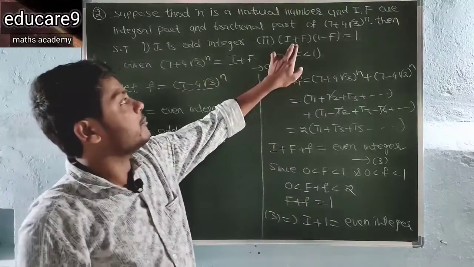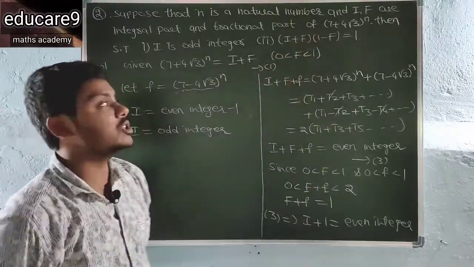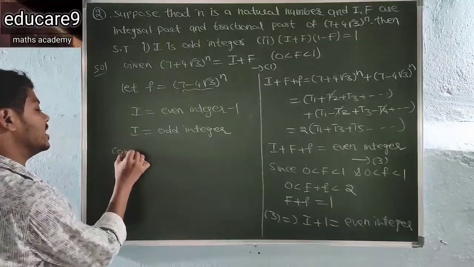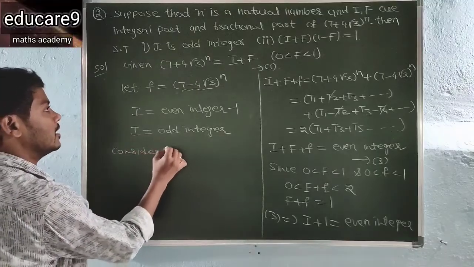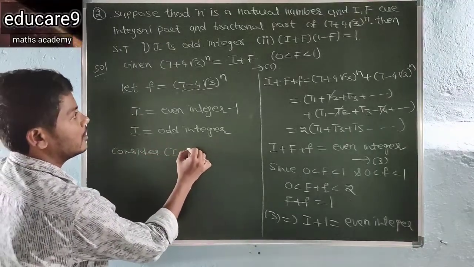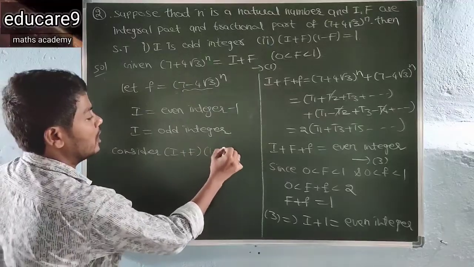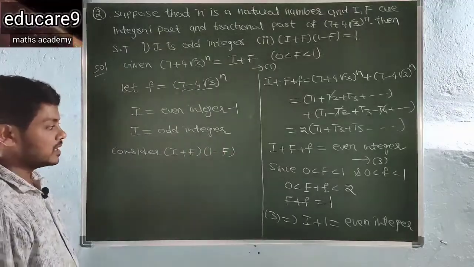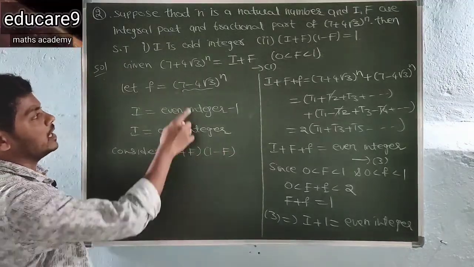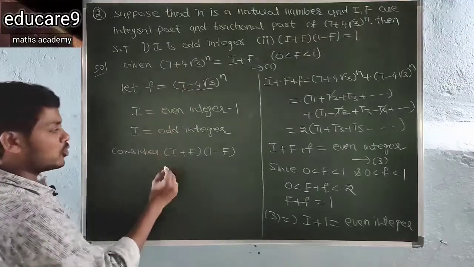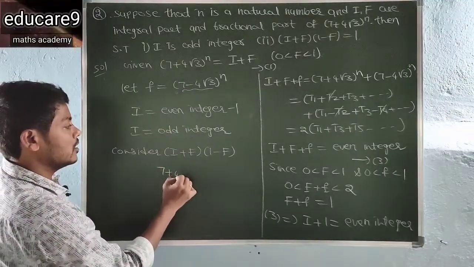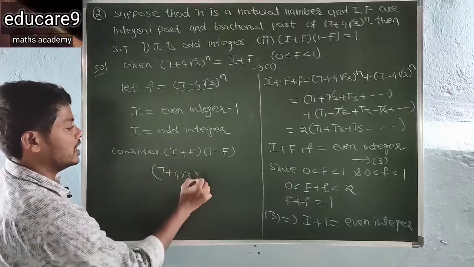And the second one: (I plus f) into (1 minus F) value is 1. So consider (I plus f) into (1 minus capital F). What is the I plus f value? (7 plus 4 root 3) all to the power of n.